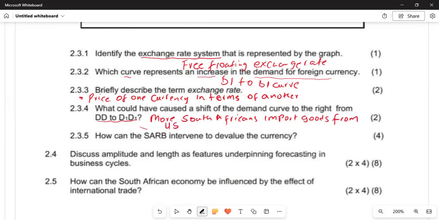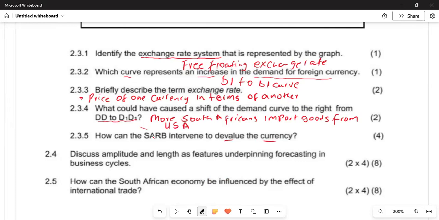2.3.5 How can the SARB intervene to devalue the currency? How are they going to intervene?